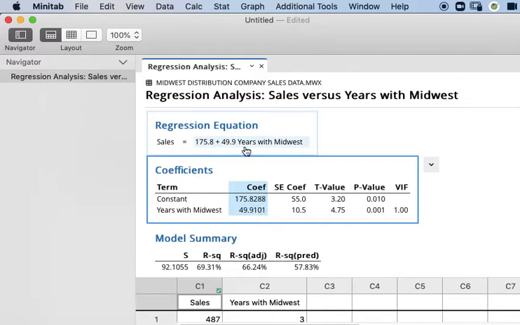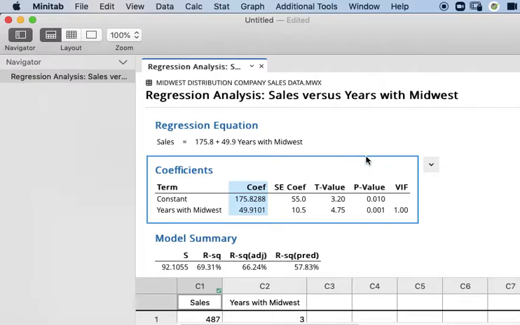This is my equation. The 49.9 next to years with Midwest is going to be my x. Years with Midwest is what I wanted on the x-axis. So it's y equals 175.8 plus 49.9x. That's my equation.